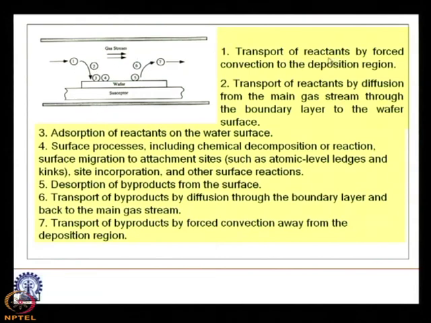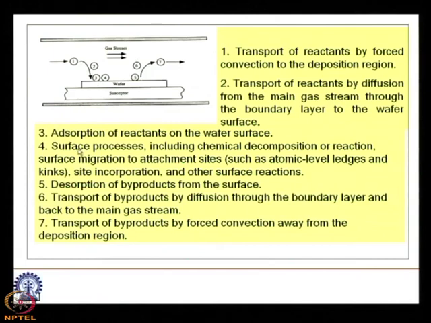One is transport of reactants by forced convection to the deposition region. Number 2, transport of reactants by diffusion from the main gas stream through the boundary layer to the wafer surface. Number 3, adsorption of reactants on the wafer surface.